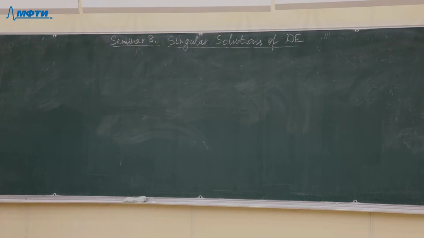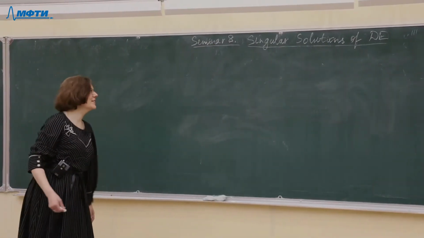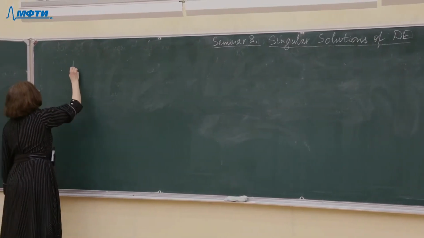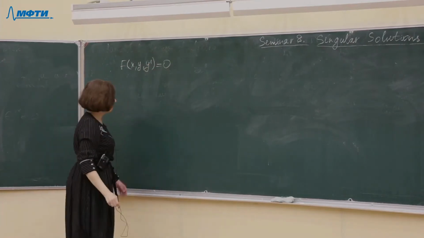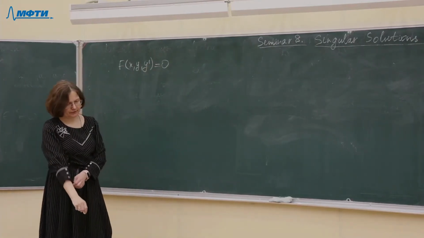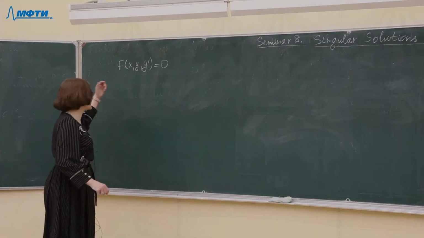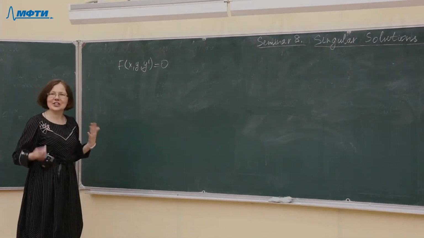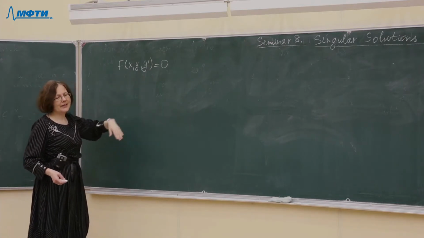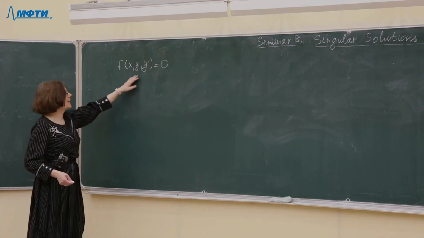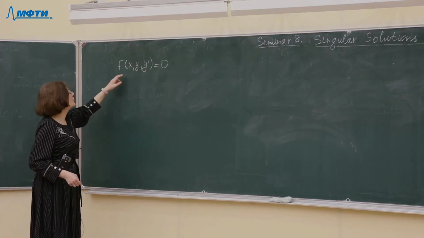So the function is a singular solution of a differential equation, given let it be in the implicit form, if it is a solution, if it satisfies this differential equation, and if the uniqueness is violated at each point xy.